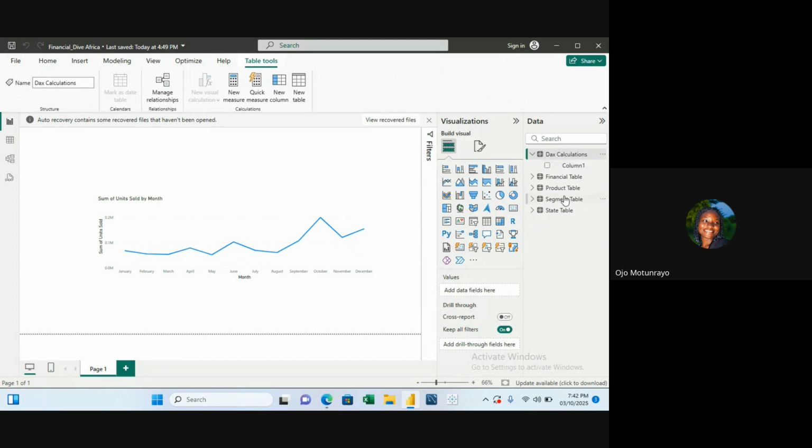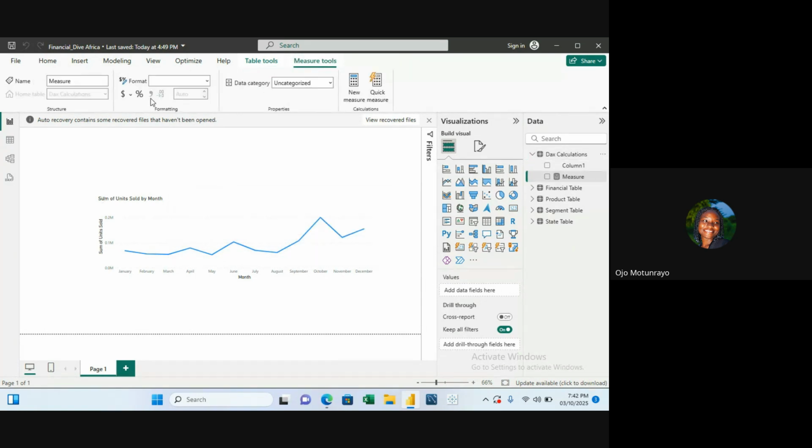So I've clicked on my DAX calculations, then new measure. Now we want to calculate our total revenue. That will sum up the revenue that we've calculated earlier.